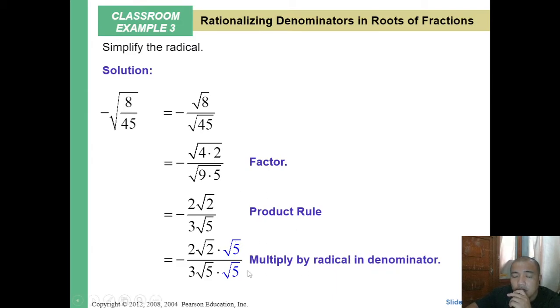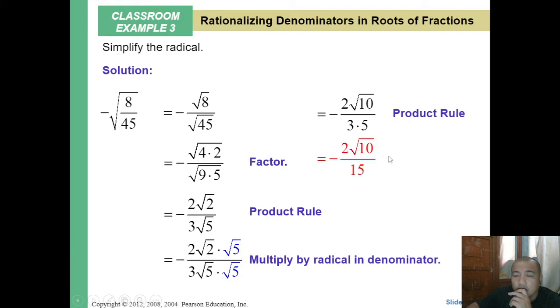Since there is a radical in the denominator, we multiply by 1, which is square root of 5 over square root of 5. So the answer is negative 2 square root of 10 over 3 times 5, which is 15. Negative 2 square root of 10 over 15.